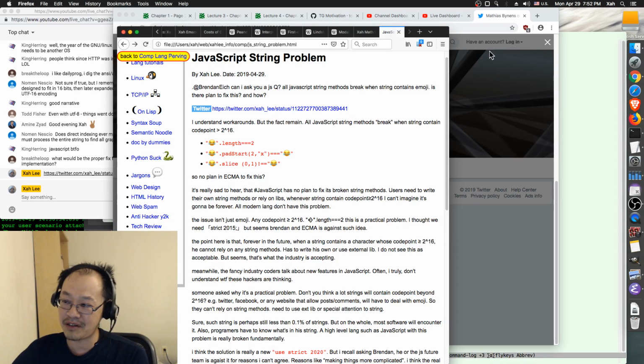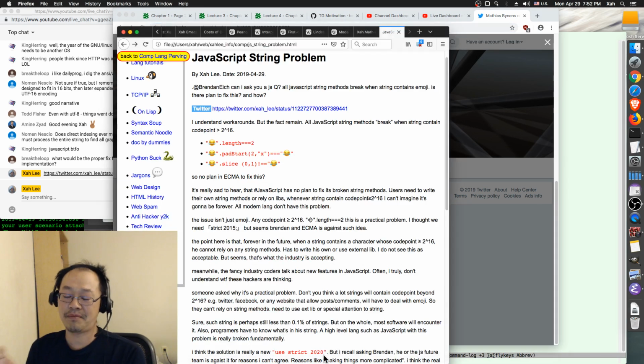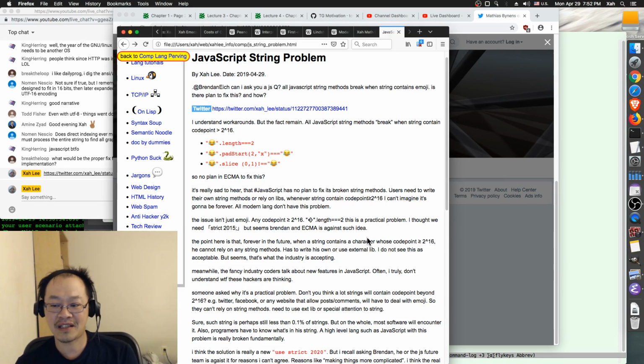They have some solutions in the works that possibly will fix it. Not certain yet, but if you read the thread, it's called international segmentation, something like that, which is actually not fixing the problem, but we might evolve into solving this eventually. But anyway, to me, this is a serious problem.